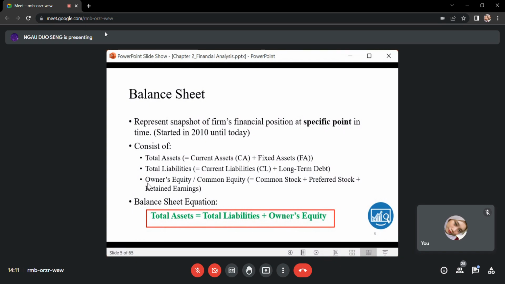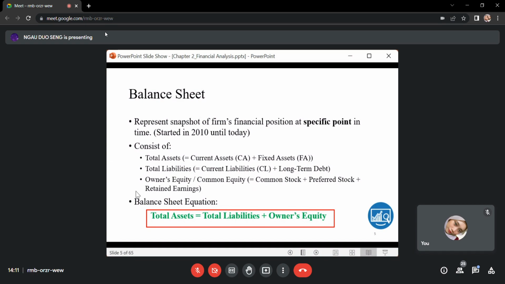And then we have the owner's equity, or sometimes kita panggil common equity, right? Equal to common stock plus preferred stock plus retained earnings. This preferred stock bergantung lah, kadang-kadang some companies don't have it, only common stock and retained earnings.